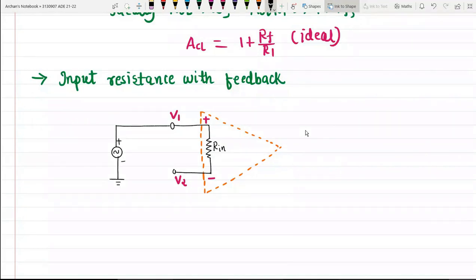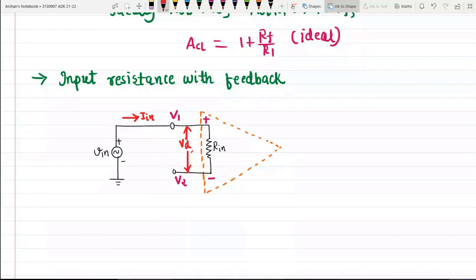This will produce some input current, let us say I in. Then there will be a difference voltage VD over here.